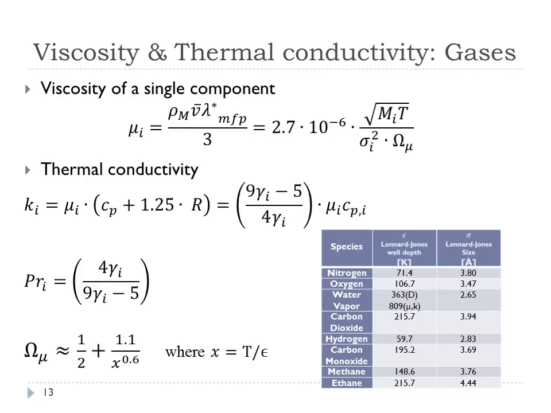Gamma being the ratio of specific heats, C sub P divided by C sub V. Once you know that for a gas, then you can very quickly calculate the Prandtl number. And for air, it's a value of about 0.7.